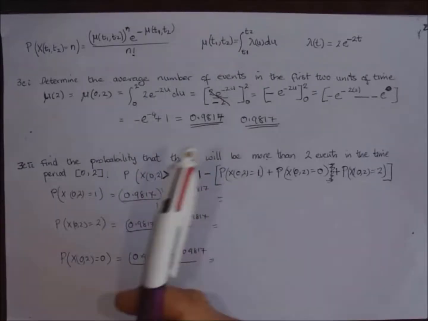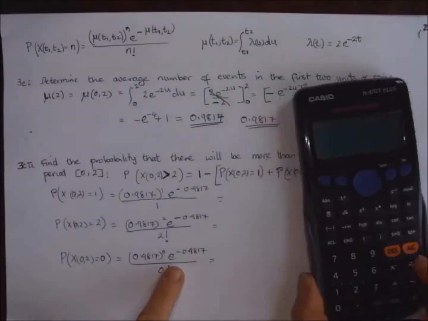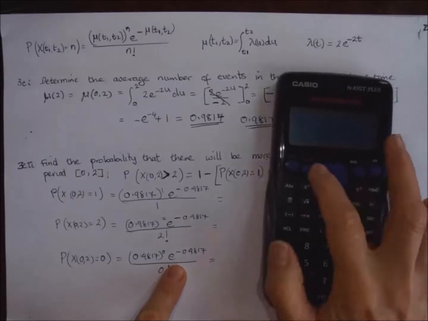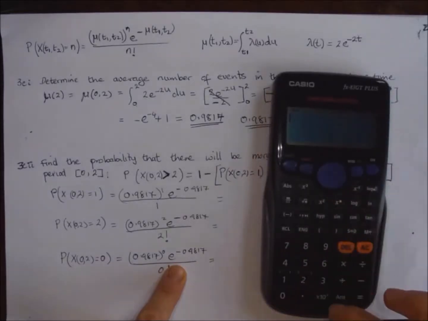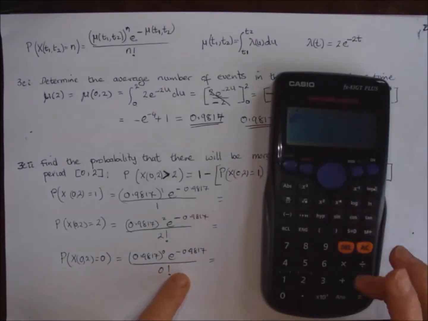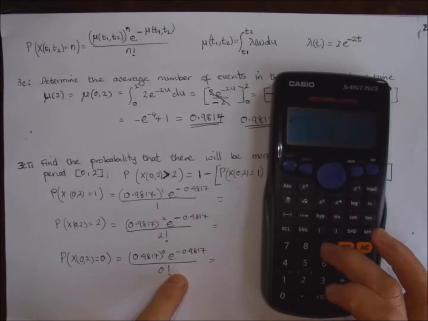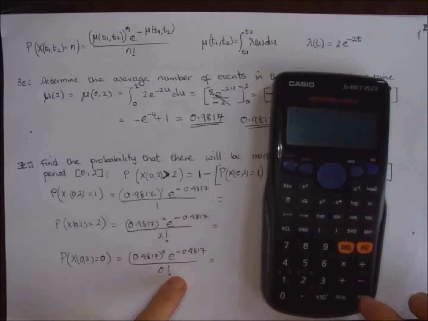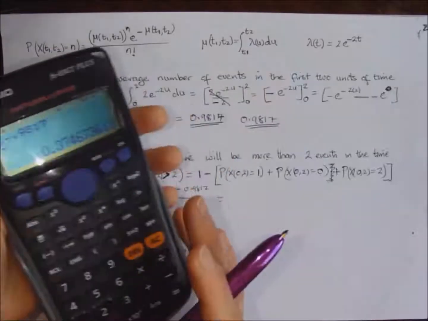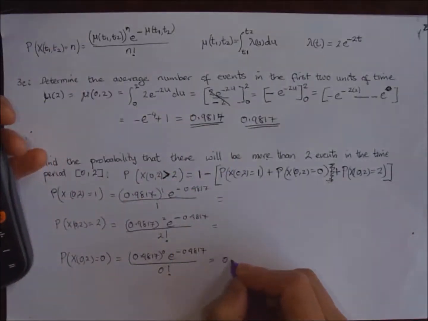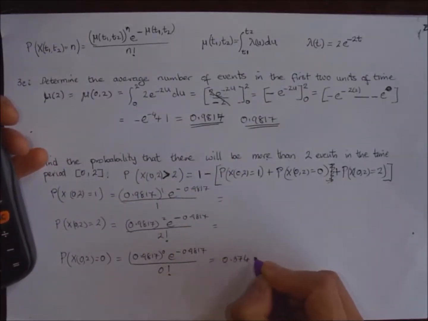So if we do these calculations, I'll start with this one, it's the easiest. First of all, e to the power of minus 0.9817 equals 0.3746, 0.3747 when I round it off.